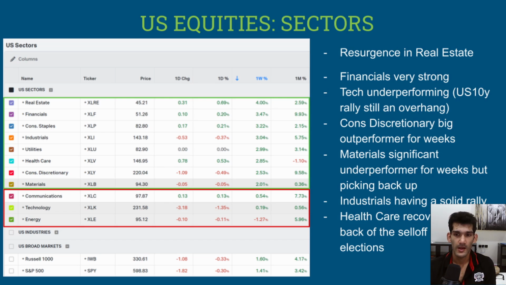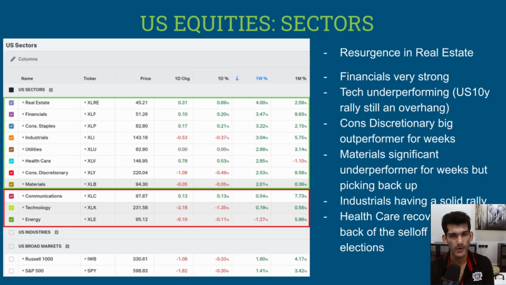We've seen that consumer discretionary has been a big outperformer for a number of weeks, and this has continued this week as well. When we look at the materials sector, it's been a significant underperformer for weeks, but it seems that now it's picking back up. So this is one sector to keep an eye on, because it's kind of neither here nor there.